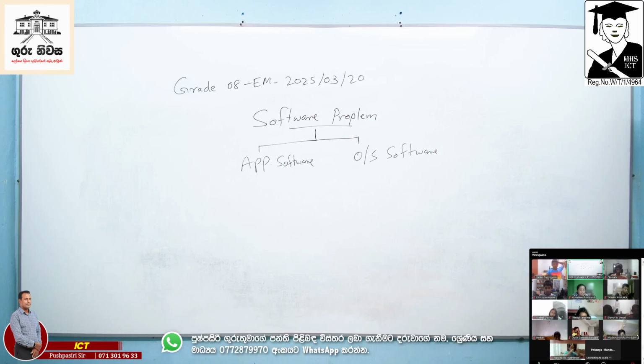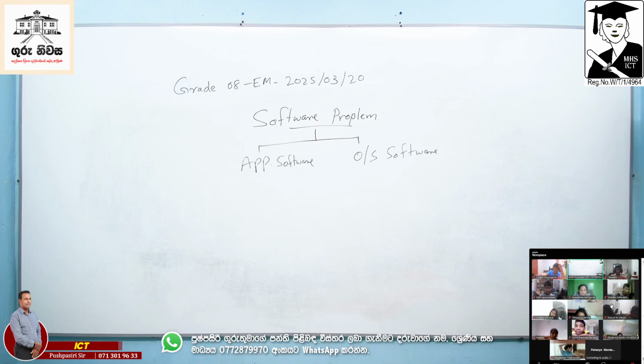USB port is available, puta. USB port came recently, but in those days we had all the other ports, right? Then if you are using the other ports, what happens?